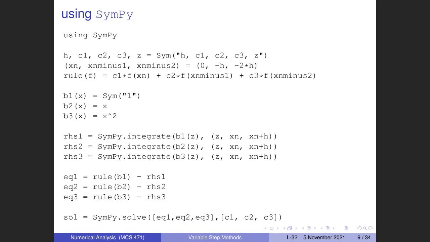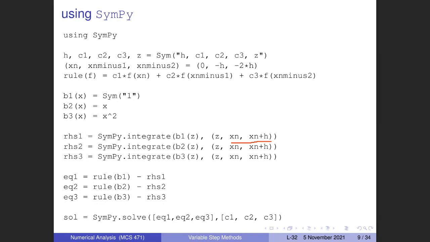So we actually require that if our function would be a polynomial, which is a linear combination of the basis functions, that it will be integrated correctly. So we set up the integration rules. So we integrate now from xn to xn plus h. So our integral is different. So let me emphasize this. So this is where the application differs.